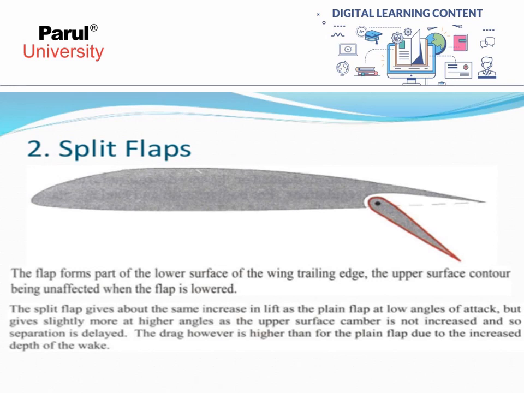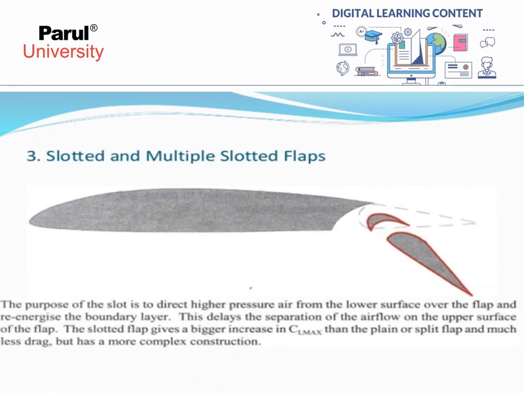There is some advantage of this over plain flaps. Right? Now we go to the next slide. Now, what is the third? The third is slotted and multiple slotted flaps. For slotted and multiple slotted flaps, we can see the trailing edge portions are deflected, but extend far.